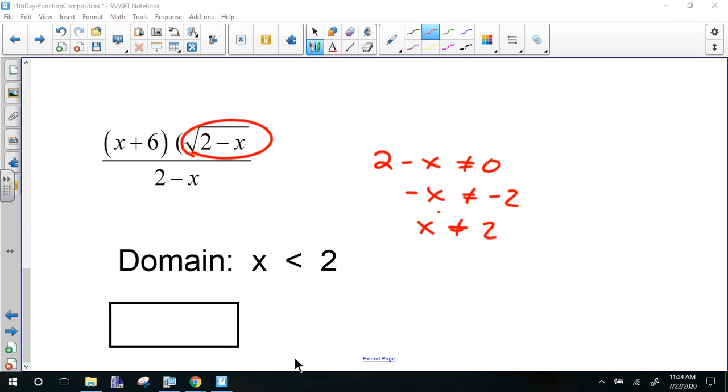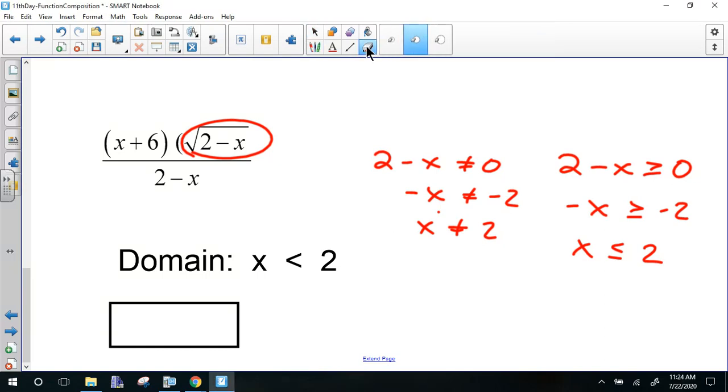It's got to be greater than or equal to 0. So when I do this math and I get here, well, this says x cannot equal 2, and this says it can. Here's how you fix that.